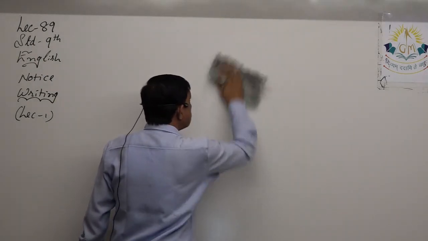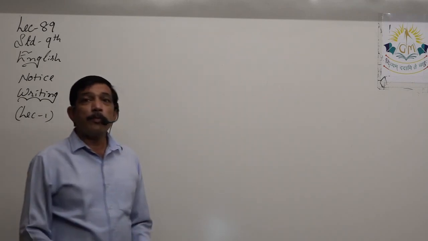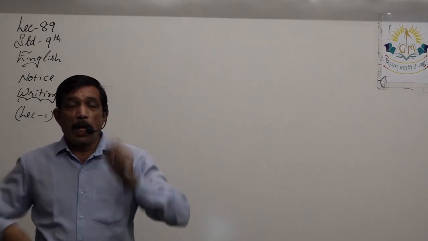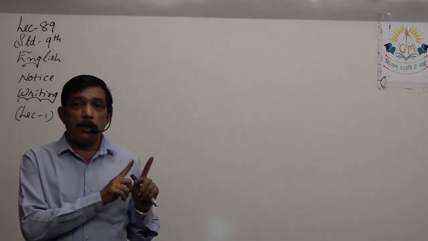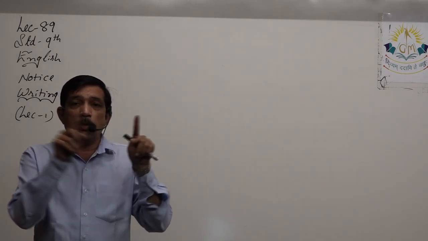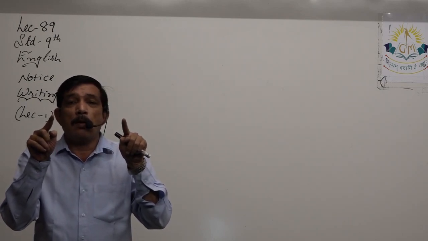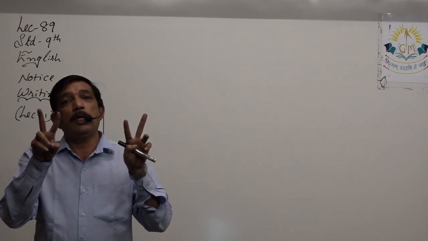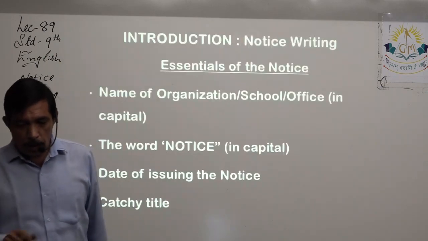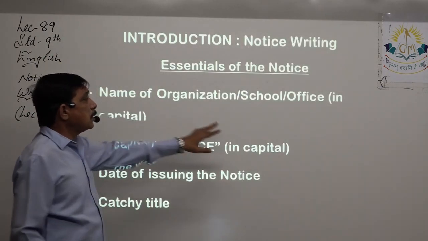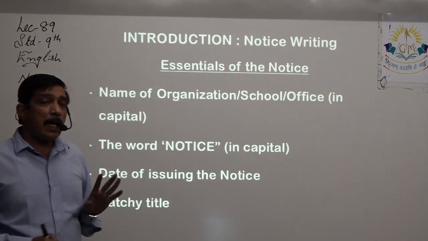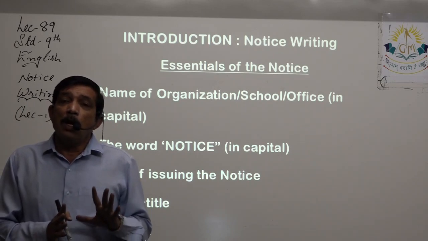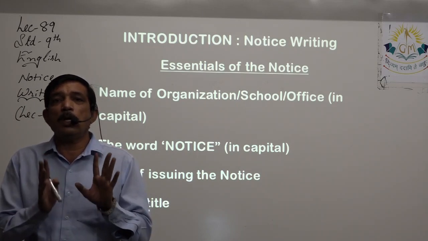If centralization has to be done, then see that you take a proper approximation, that if I start writing from here, then my complete line will be in the center, and space before and after will be equal, right? So see to it. Now, name of the organization, school or office, see that you pick up an imaginary name which is very, very short.